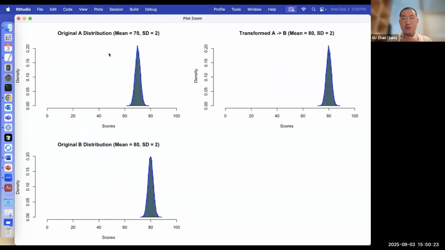The original class A distribution is centered at 70 with standard deviation of 2. Then you want to transform it to the original B distribution, which is at 80. So you just shift it. Plus 10 marks, you will move from here to here by 10 marks. Now, variance will not change. When we are adding a constant to a variable, remember, right? Plus a constant C, your variance will not change.